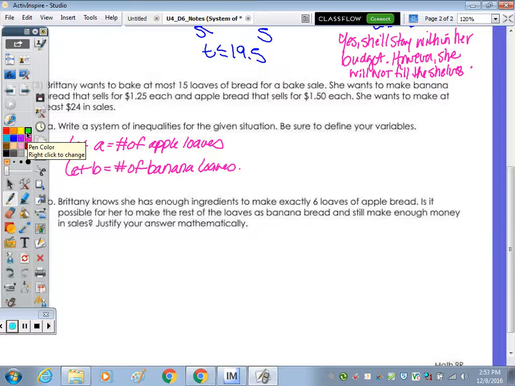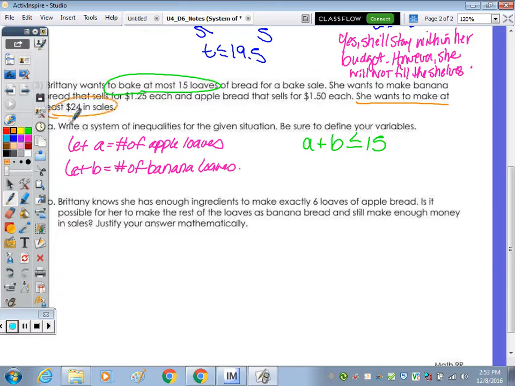The first inequality is that she wants to bake a total of apple and banana of at most 15 loaves. So the number of apple and the number of banana, it can be 15, but at most would be less than or equal to. The other inequality comes from the statement that she wants to make at least $24 in sales.